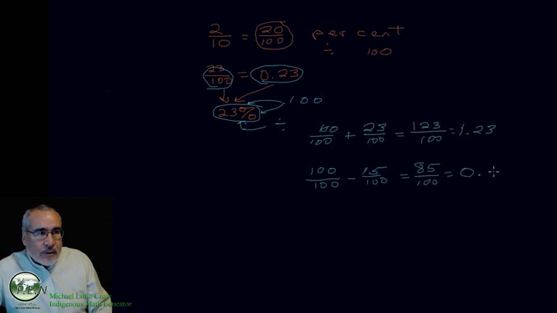In a calculation, we'll use the number 0.85. We're going to do this in some applied problems, and one of the strategies will be to go directly to these kinds of numbers. When I see a 15% decrease, I'm going to think of 0.85, 85% is what I get. When I see a 23% increase, I'm going to think of 100 plus 23, 1.23 is the number I'm going to use, 123%.